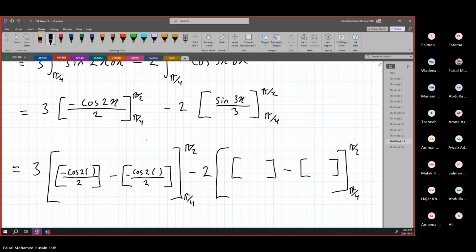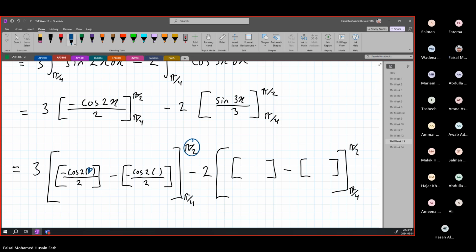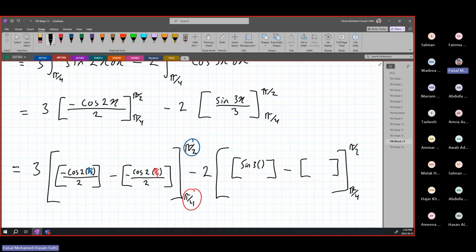All right, what is the first one? The first one is pi over 2. And the second one is pi over 4. Okay? And now we're going to do the same for the next part. The next part is sine of 3 times x, which I'm just going to leave open over here.